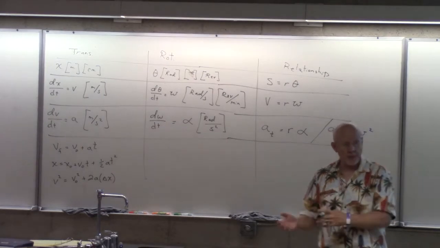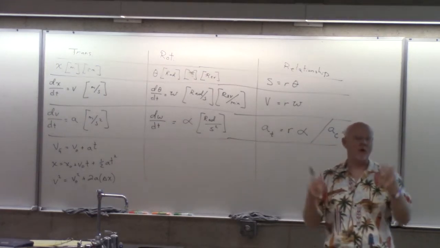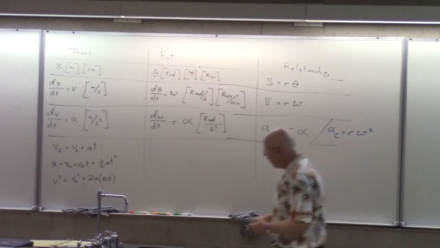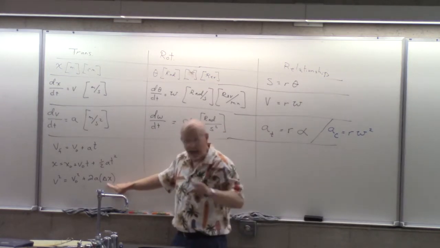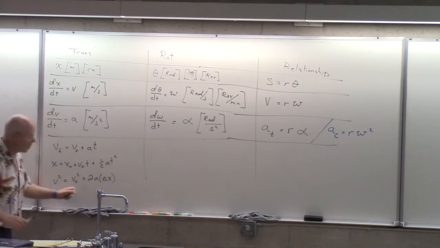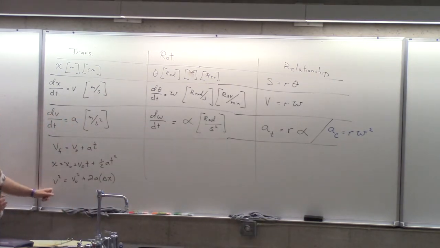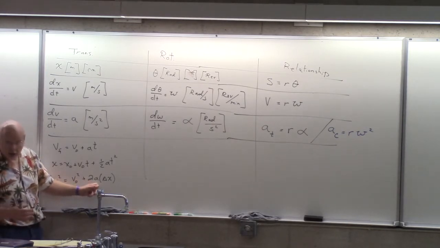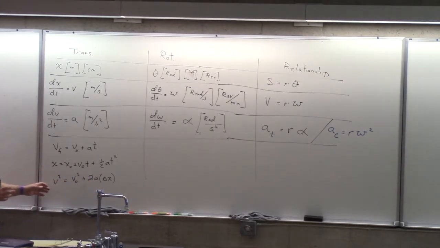If we were doing a problem that started asking for something like, how far did it rotate when it started from rest and got up to some speed, given a certain angular acceleration, we would use the equivalent of this.